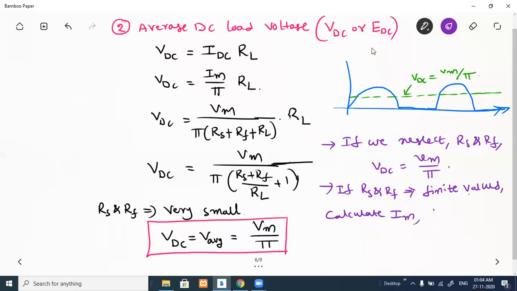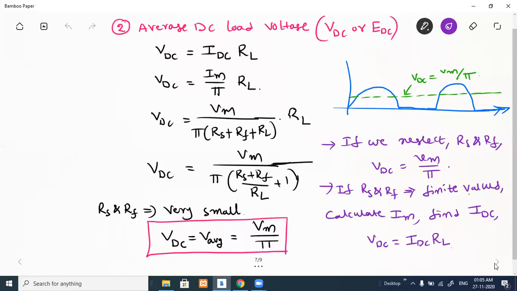From that Im, find IDC, then find VDC by using the equation IDC into RL. This is the best method to calculate. If you neglect RS and RF compared to RL, then only our VDC equal to Vm by pi. Otherwise, our VDC equal to IDC into RL, where IDC equal to Im by pi, where Im equal to Vm by RS plus RF plus RL. That is the second characteristic.